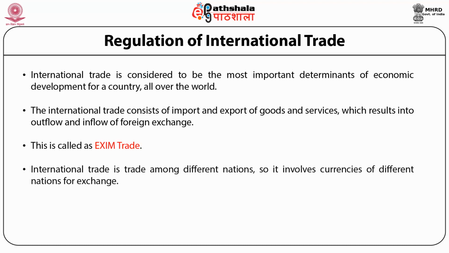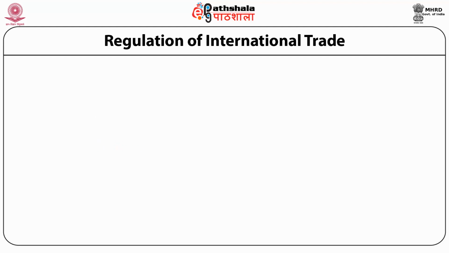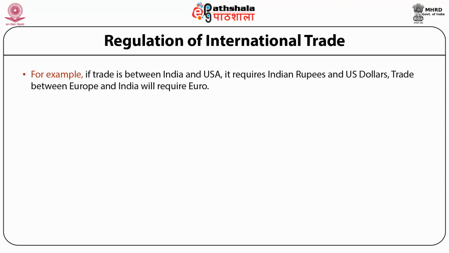International trade is a trade among different nations, so it involves currencies of different nations for exchange. For example, if trade is between India and US, it requires Indian rupees and US dollars. Trade between Europe and India will require Euro and Indian rupee. Every nation trades with multiple other nations, so it needs various foreign currencies.